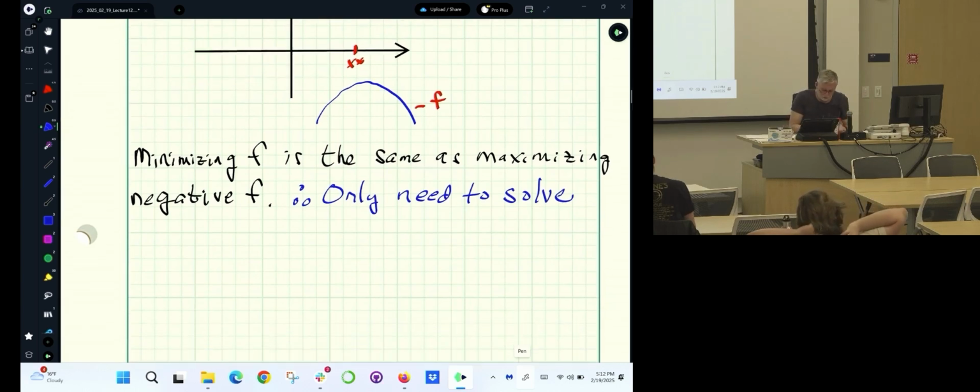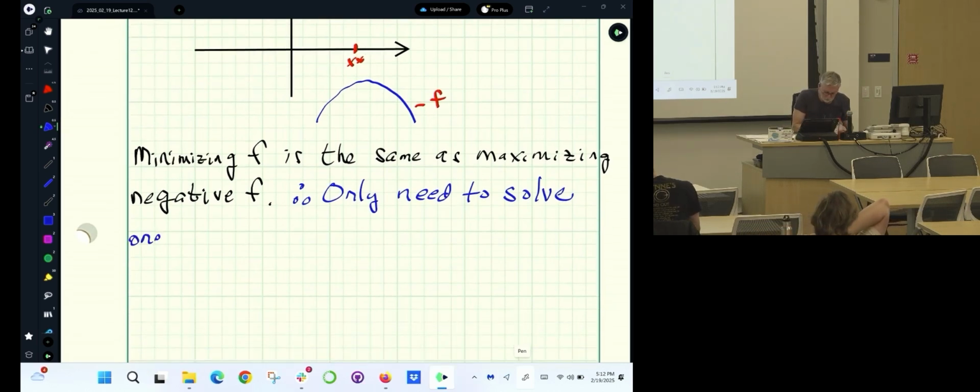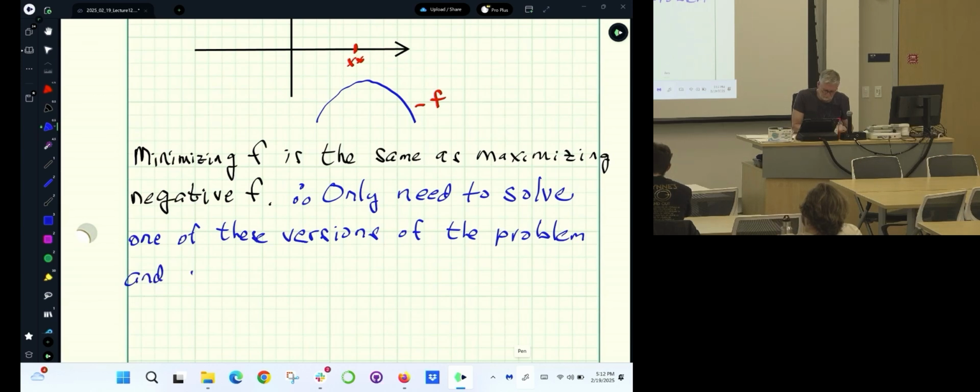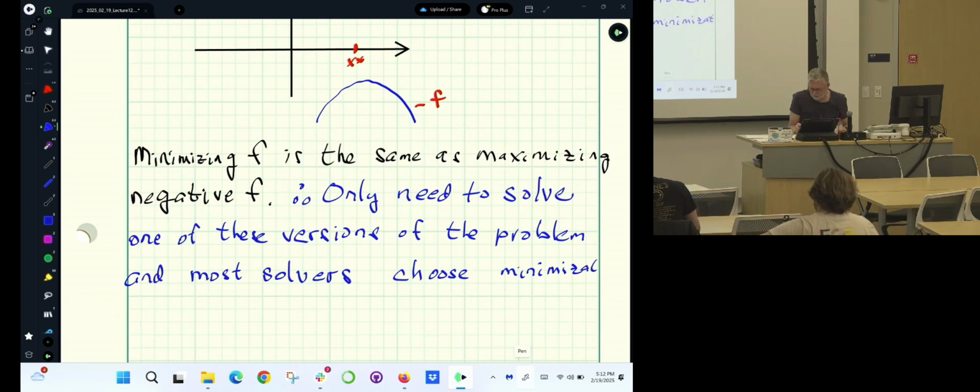So you need to solve one of these versions of the problem. And most solvers choose minimization. There are a few that do maximization. They exist, okay?